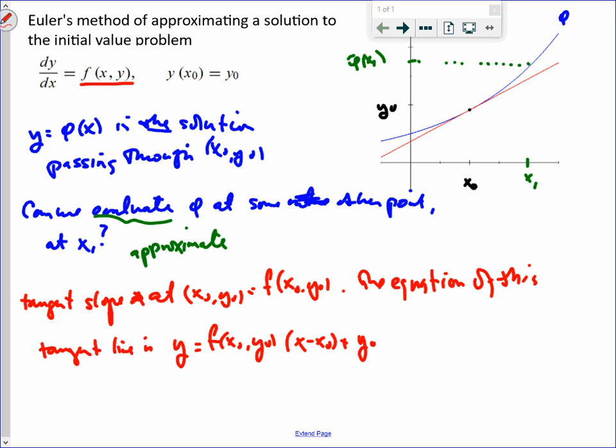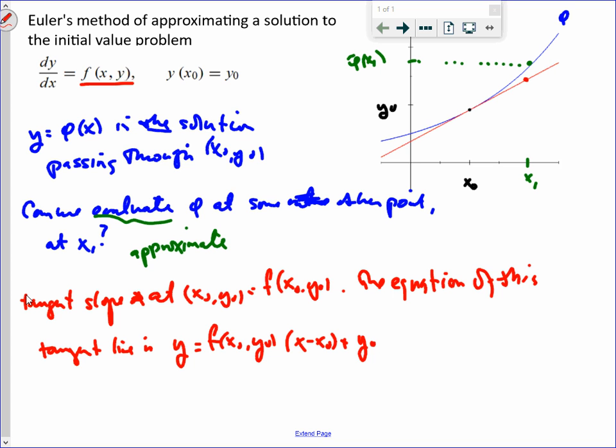Now, I'm not going to be able to find the y value that's on the honest to goodness solution, but if I know the equation of the tangent line, I can find the y value of the point on the tangent line, and that'll be a pretty good approximation as long as we don't go too far.